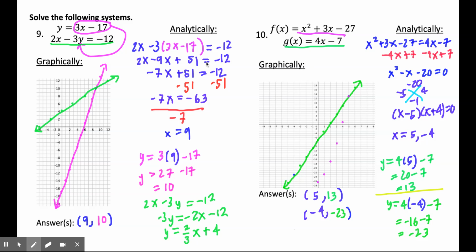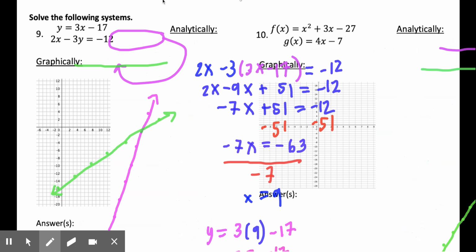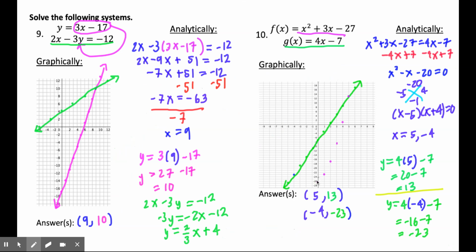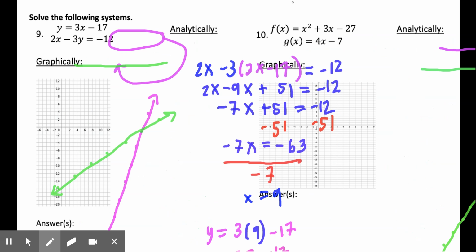And obviously the y-intercept (0, -27). (-1, -29), (-2, -29).